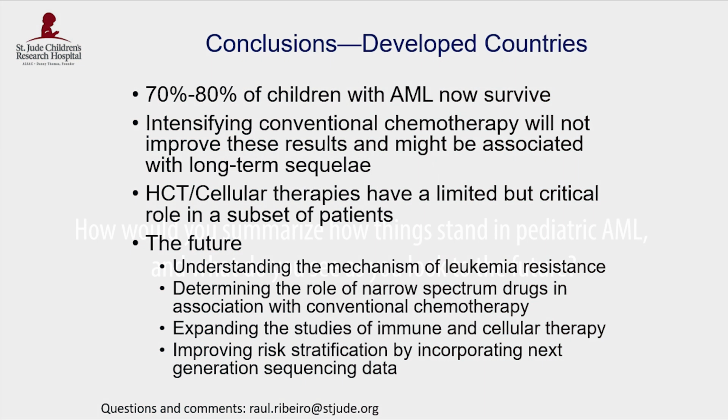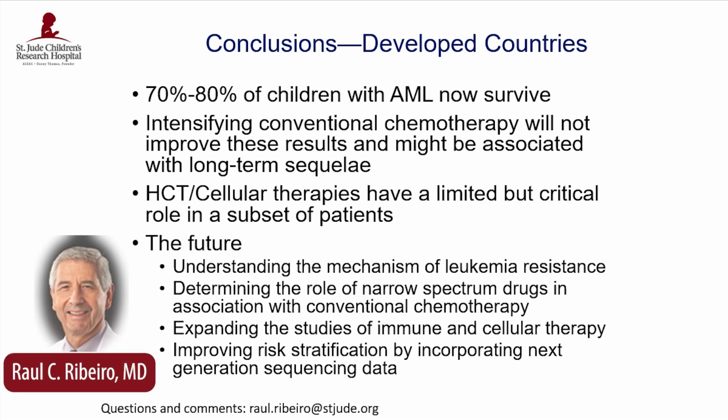For the developed countries, we can say that 70 to 80% of the children with AML now survive. It is also true that intensifying conventional chemotherapy will not improve the results and may be associated with long-term sequelae.